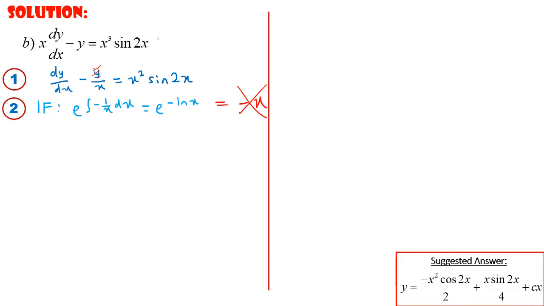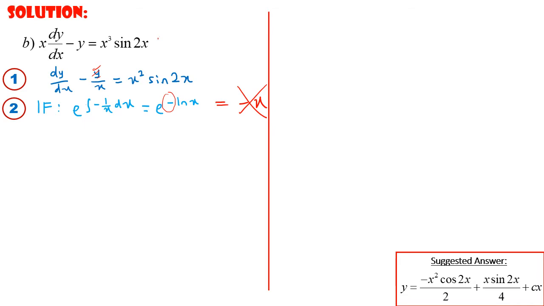Why? Because we cannot simplify e and ln if we have something between e and ln. Notice here we have a negative between e and ln, so we cannot yet cancel out the exponent and ln.